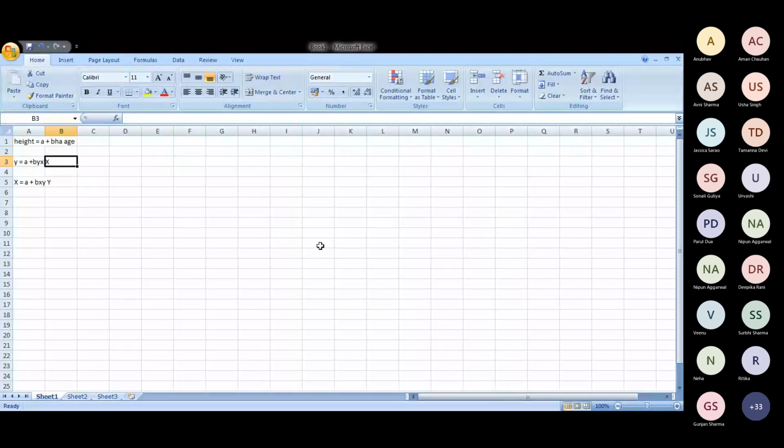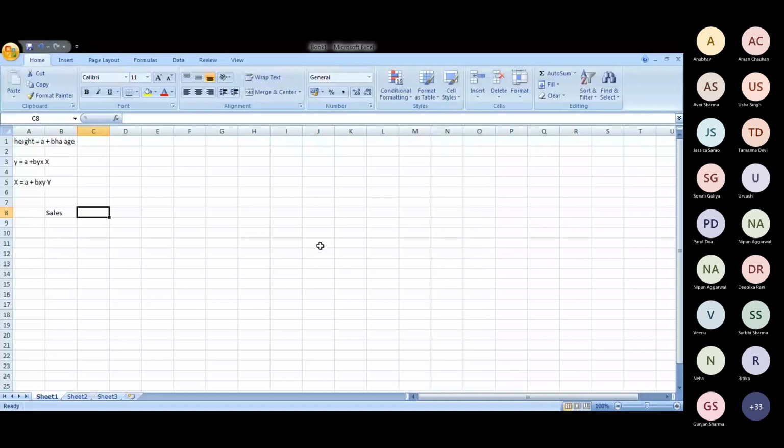So let's take an example. We'll take the two variables, sales and expenditure.